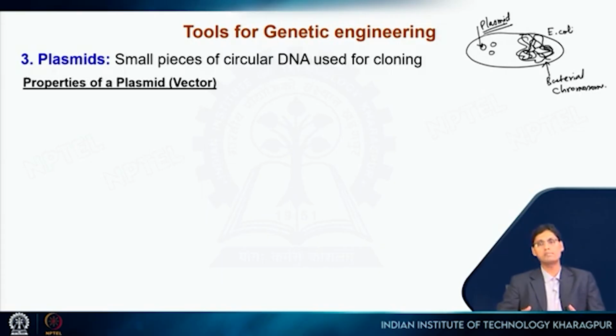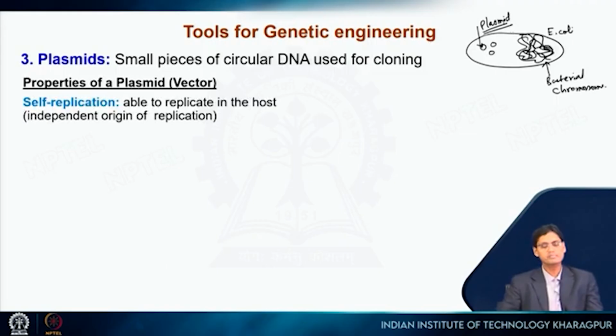And as I already mentioned, naturally some bacteria have plasmid, and we are using plasmid for our own interest in this genetic engineering approach. So why are we using plasmid? Why is it beneficial? I am going to explain with a few points here. The first thing is self-replication. That means it is able to replicate in the host, independent of the origin of replication. It seems a little bit complicated. The thing is, a bacterial cell, as I already mentioned, has one chromosome, for example E. coli.